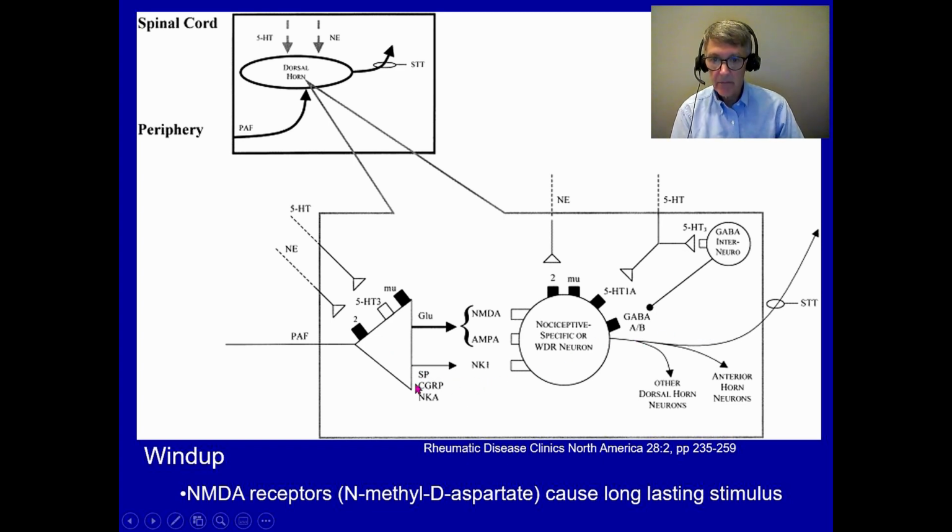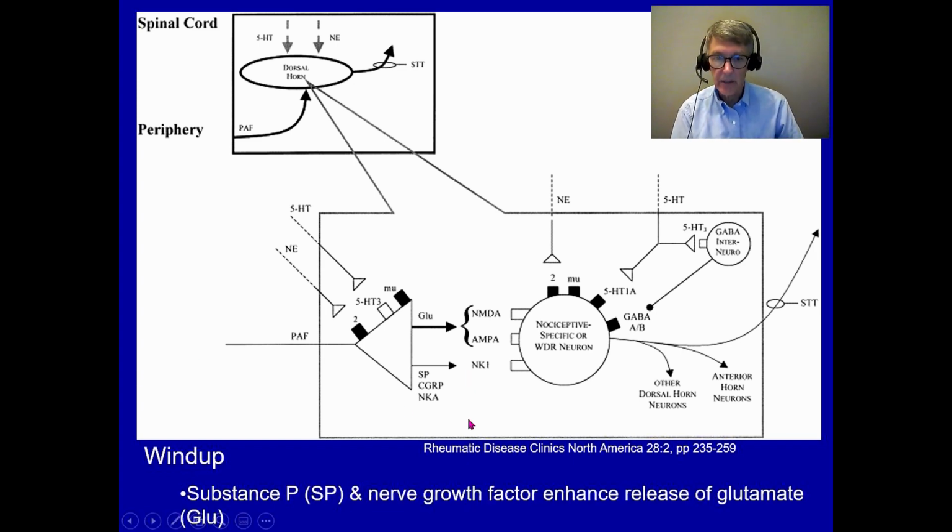Substance P and nerve growth factor enhance release of glutamate. Remember that substance P is increased in the cerebral spinal fluid of fibromyalgia patients, thus abnormal wind-up is felt to be part of the fibromyalgia syndrome.